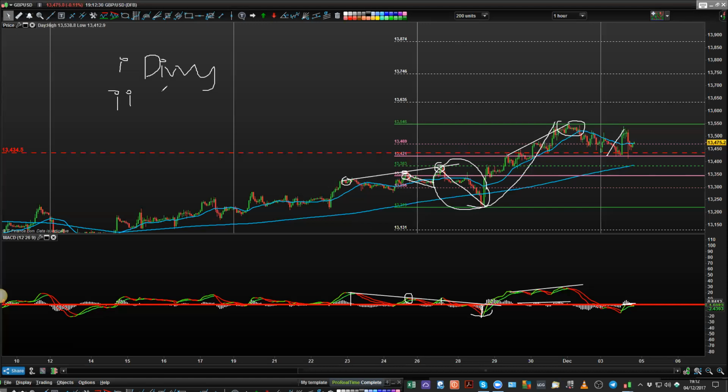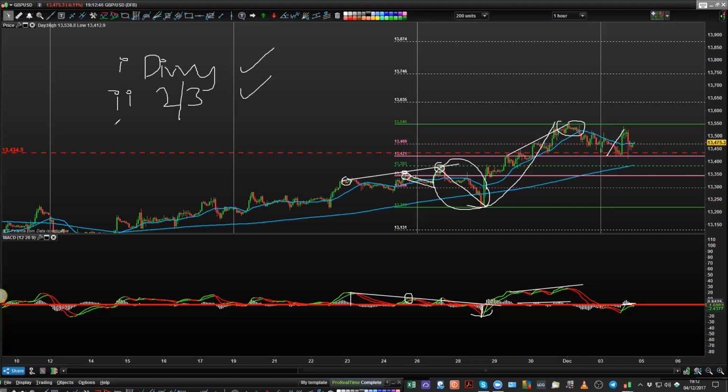So the second or the third punch higher with diminishing momentum is a really good setup for me. They're two really good ways of using it.